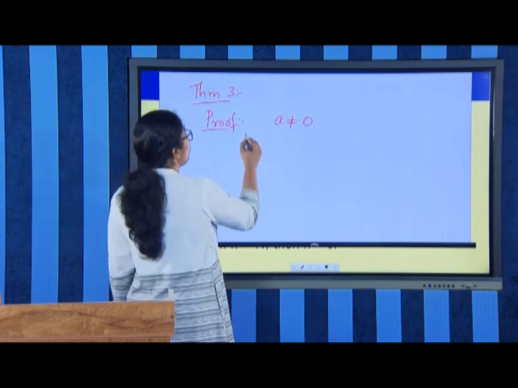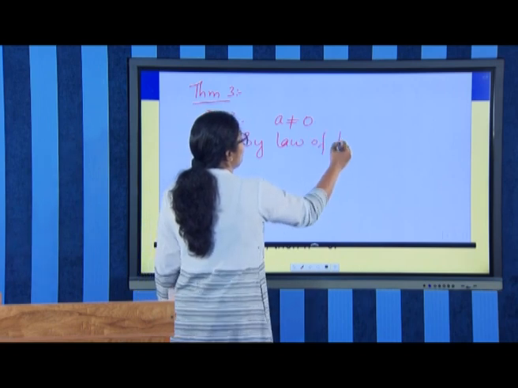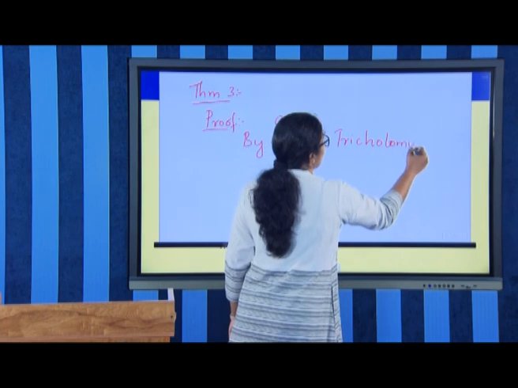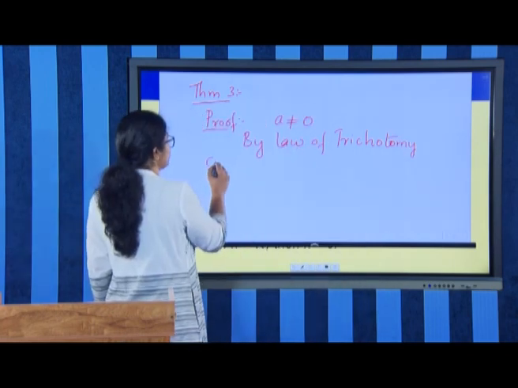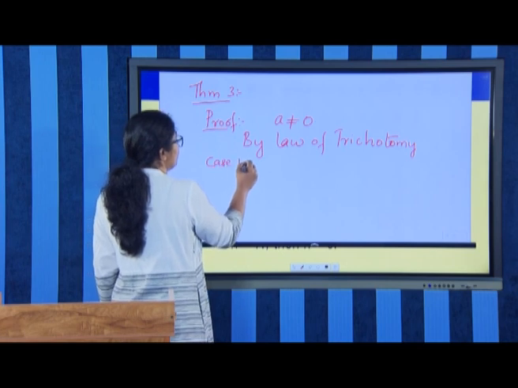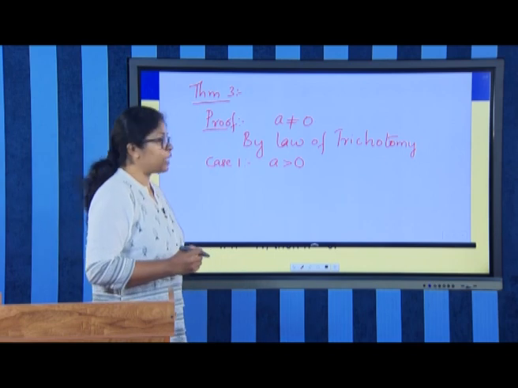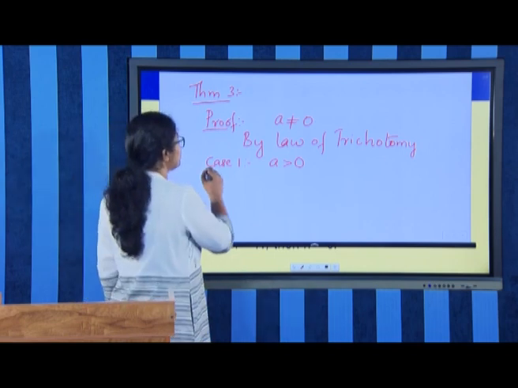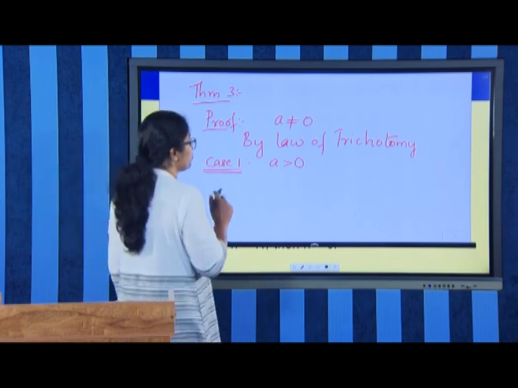So, by law of trichotomy, if A is non-zero, then we have two cases. Case 1, A is greater than 0, and case 2, minus A is greater than 0. So, we first take the case 1. Suppose that A is greater than 0.